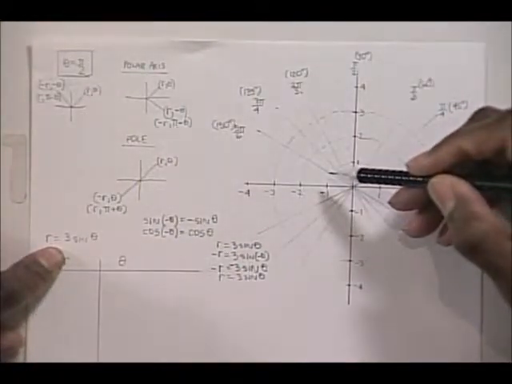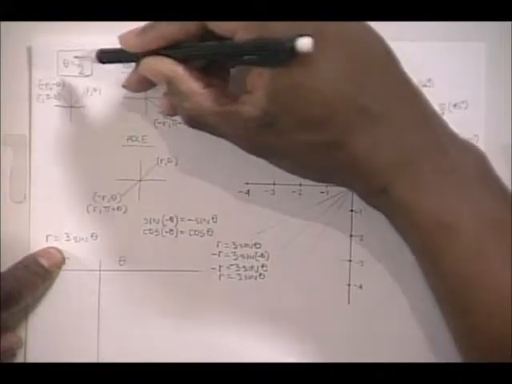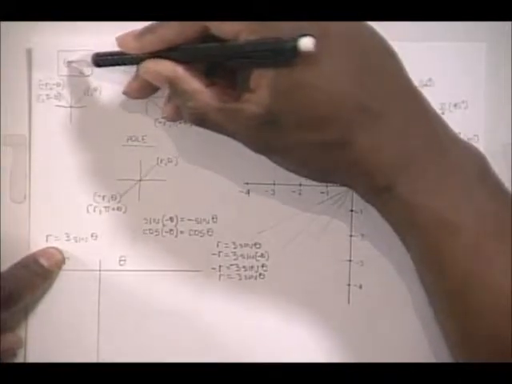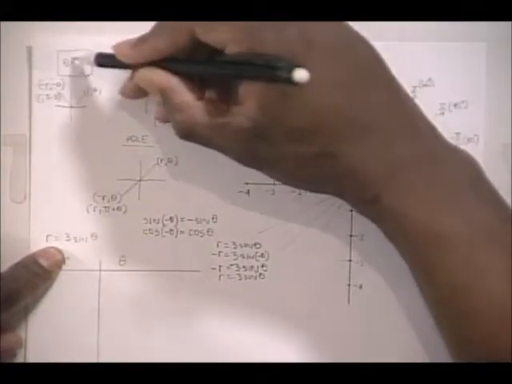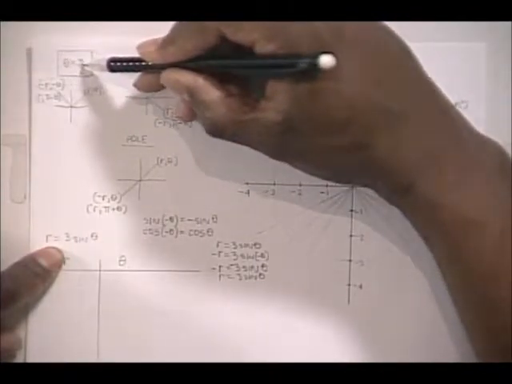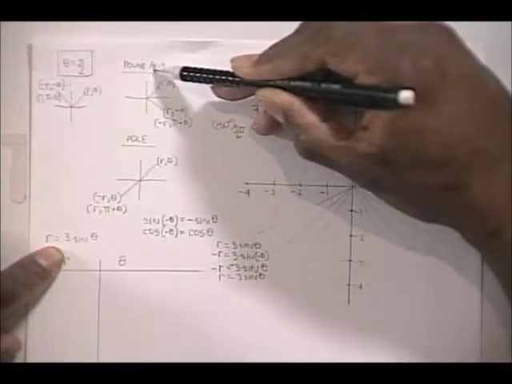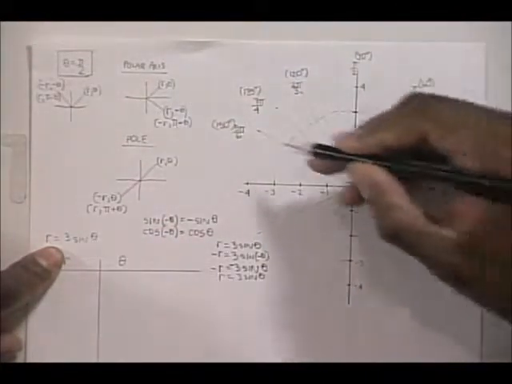So what I'm going to ask my students to do is check for symmetry not only about what in the rectangular coordinate system we call the y-axis, or in the polar coordinate system theta is equal to pi over 2, but also across the polar axis and the pole.